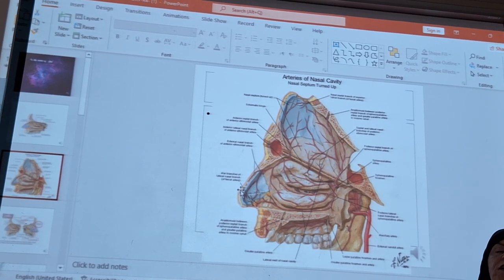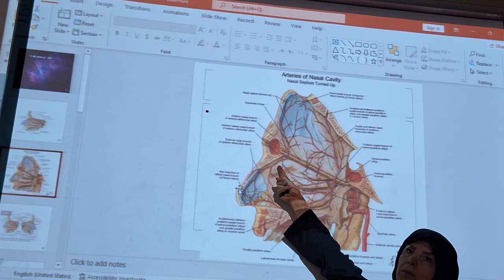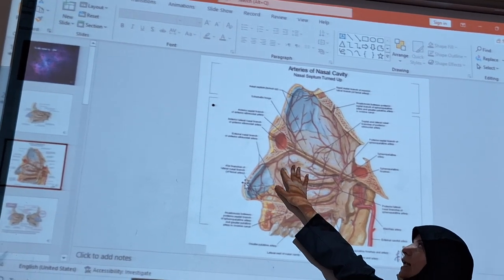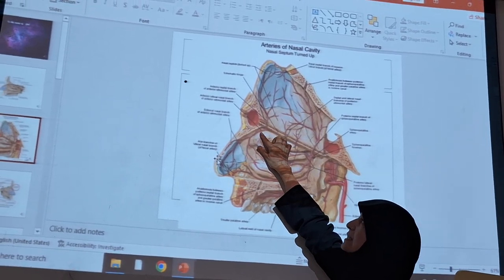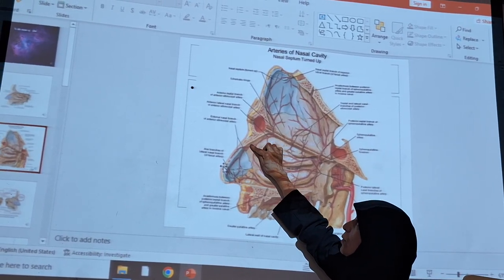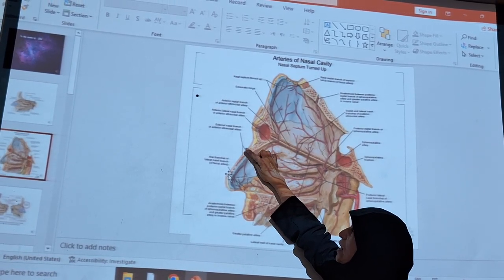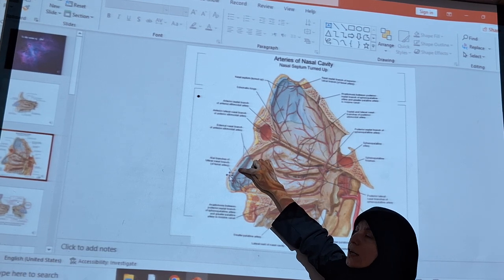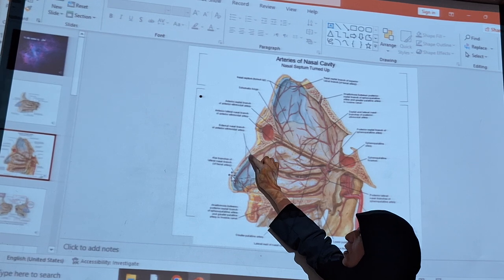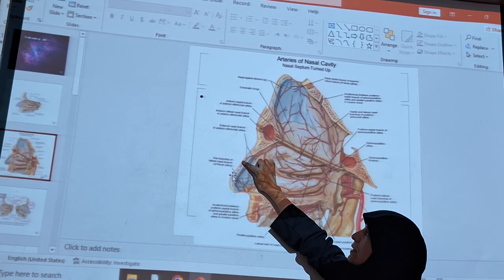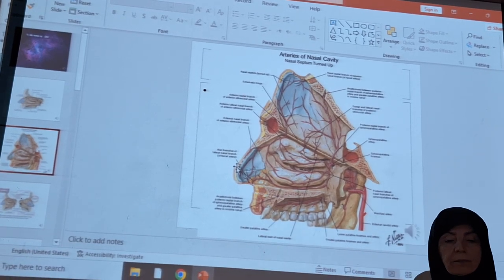It is possible when you read, it explains that the anterior ethmoidal artery comes to the lateral surface and to the medial surface.